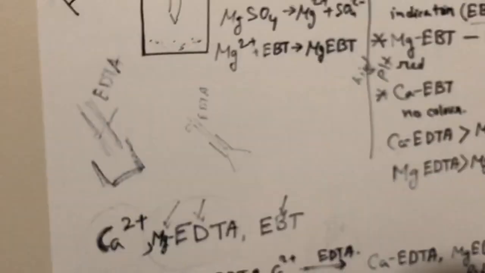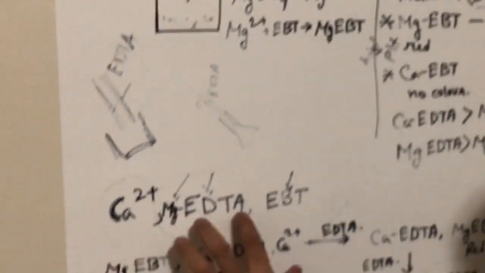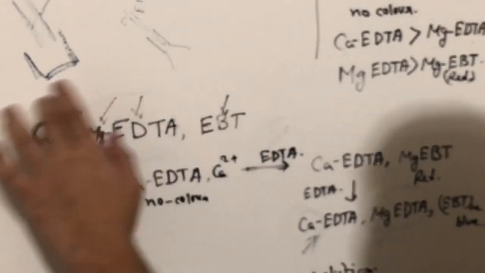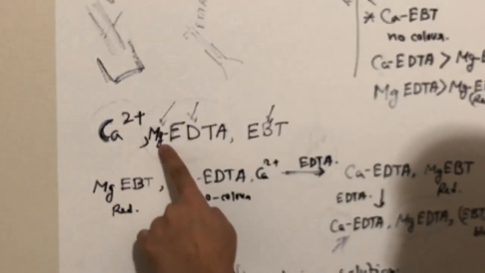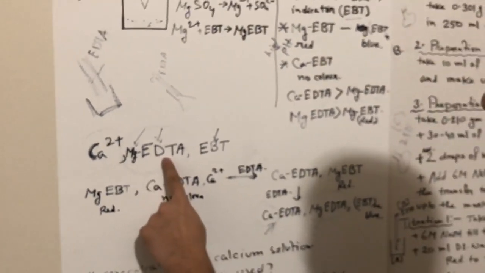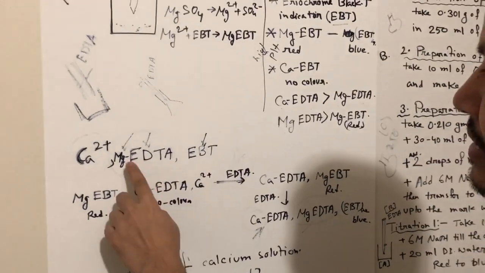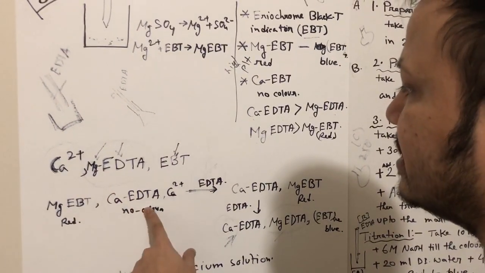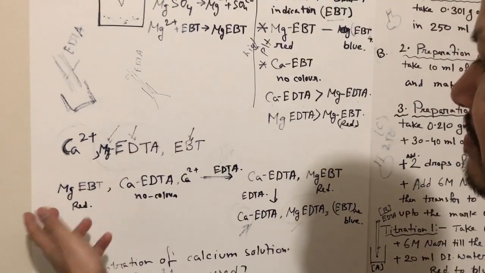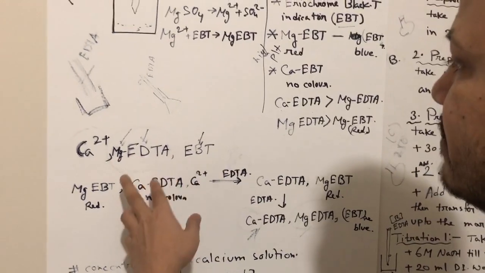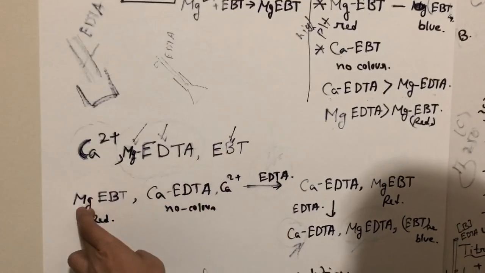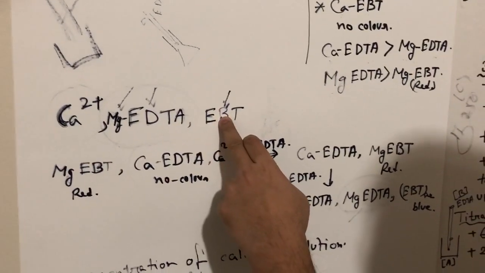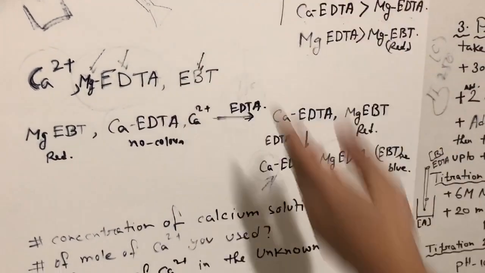Initially you have calcium, magnesium EDTA and EBT. If you have only these, then this magnesium EDTA is less stable than calcium EDTA. So it will automatically form the calcium EDTA. If EBT is there, it will form the magnesium EBT also, right? And if there is any calcium, it will remain calcium.